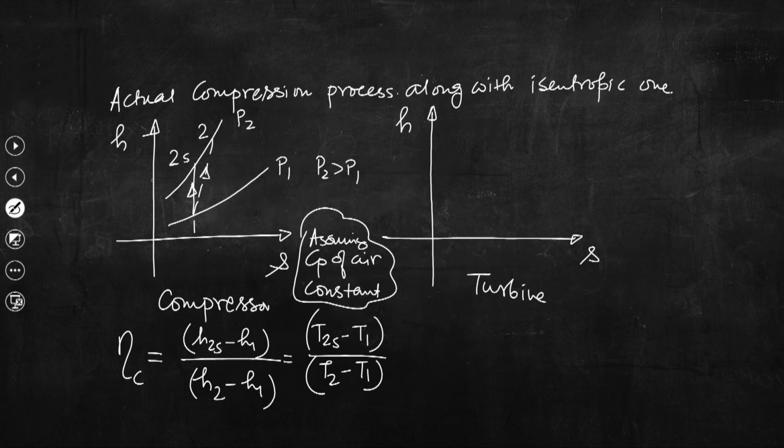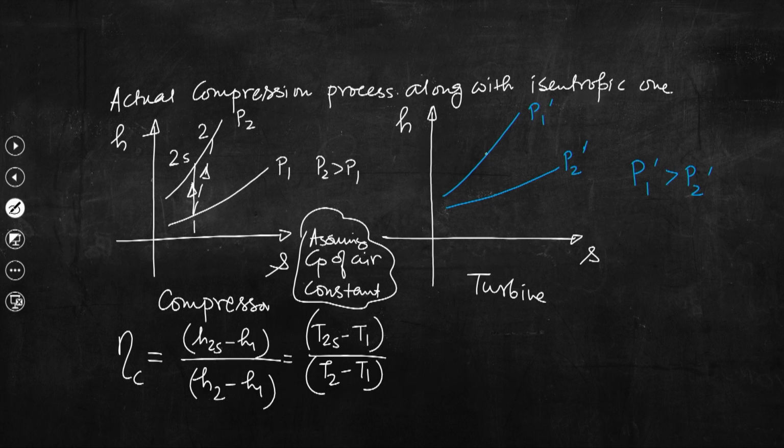Okay. So, for the turbine, if we draw again these processes, then what we can see, this is P1 prime, this is P2 prime. Certainly, you can understand that P1 prime is greater than P2 prime.